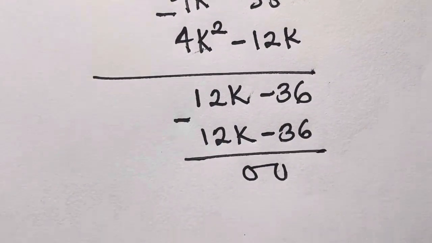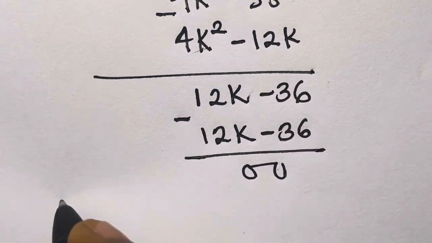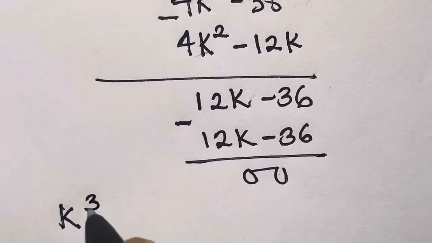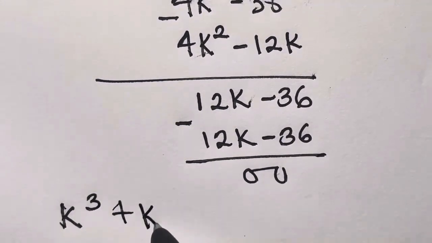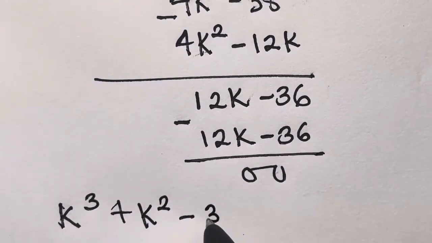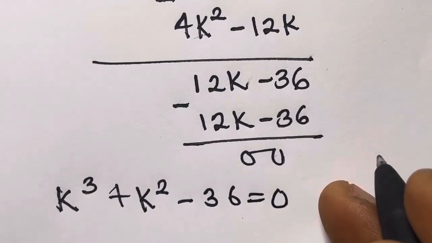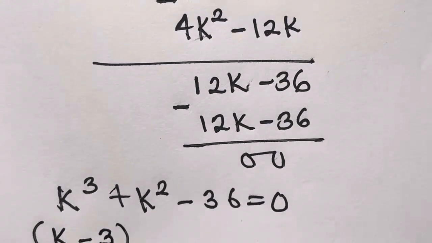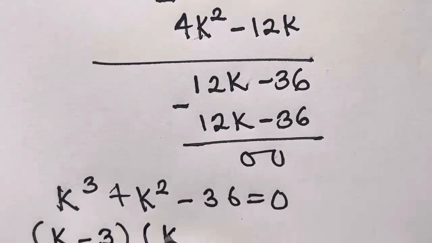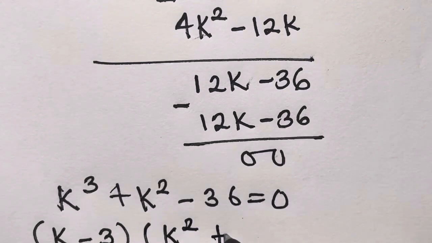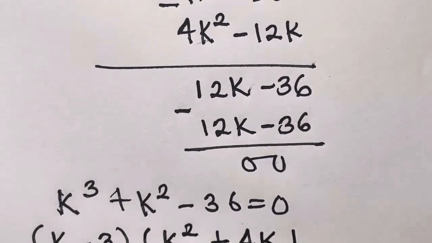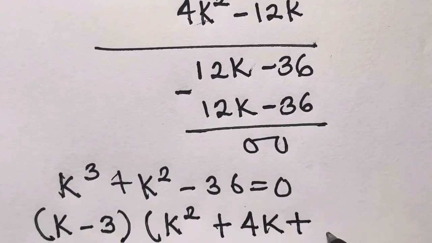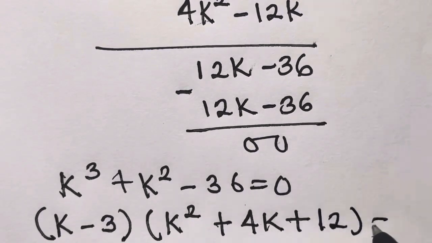So that means the factorization of k cube plus k square minus 36 equals 0 is k minus 3 multiplied by k square plus 4k plus 12 equals 0.